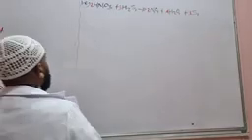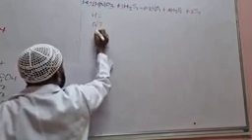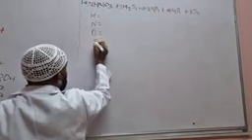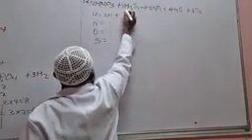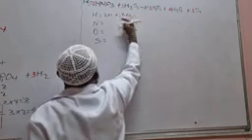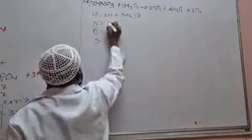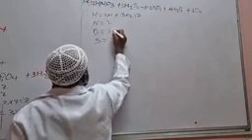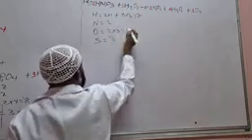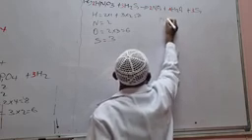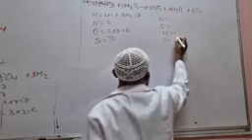You can list down the atoms in the reactant and product. Hydrogen, nitrogen, oxygen, sulfur. Hydrogen here: 2 times 1 plus 3 times 2, 2 plus 6, 8. Nitrogen here: 2 times 1, 2. Oxygen: 2 times 3, 6. Sulfur: 3 times 1, 3. In the product: nitrogen, oxygen, hydrogen and sulfur.